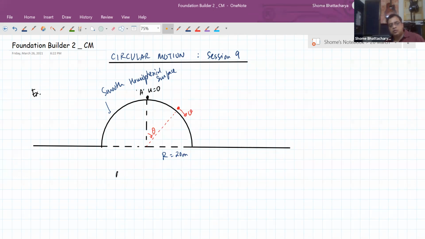So a particle of, let's say, mass 2 kilograms initially at rest at the point A slips off like that. Okay.